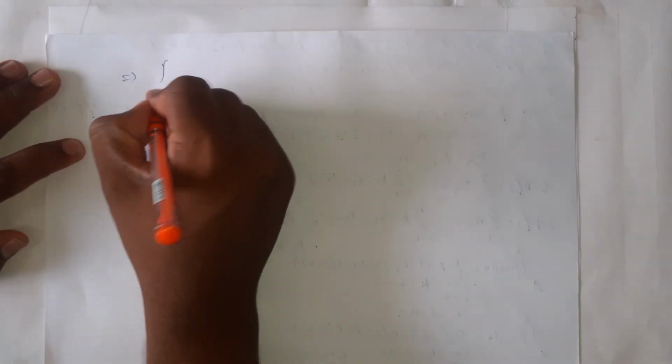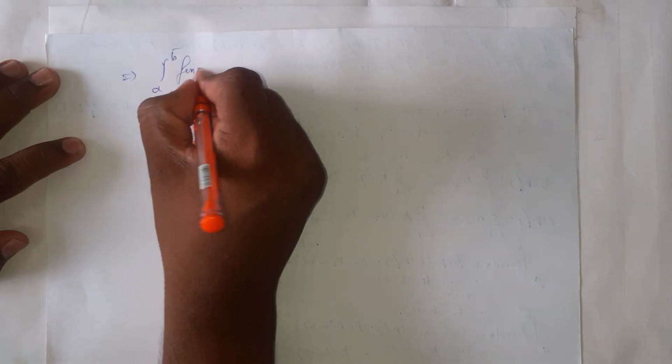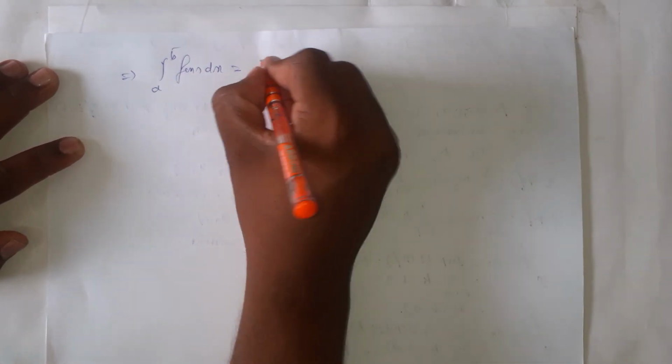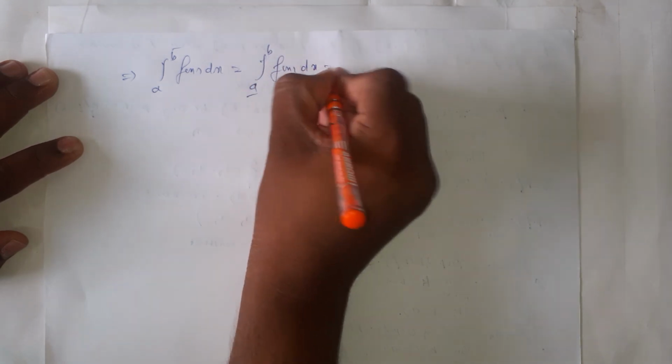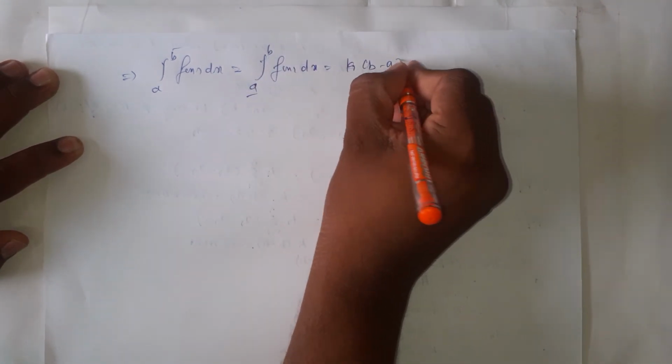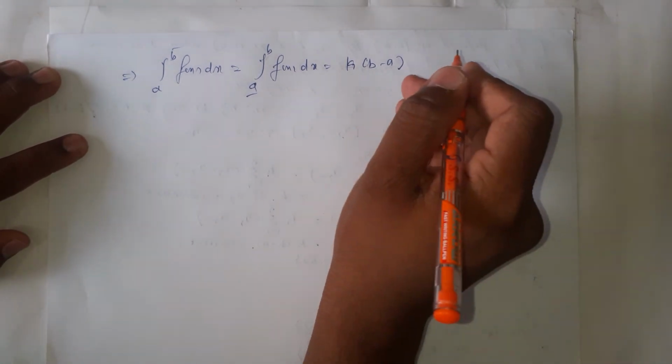So therefore it implies that the upper integral of f of x dx from a to b is equal to the lower integral of f of x dx from a to b, which is equal to k into b minus a, means they are same.